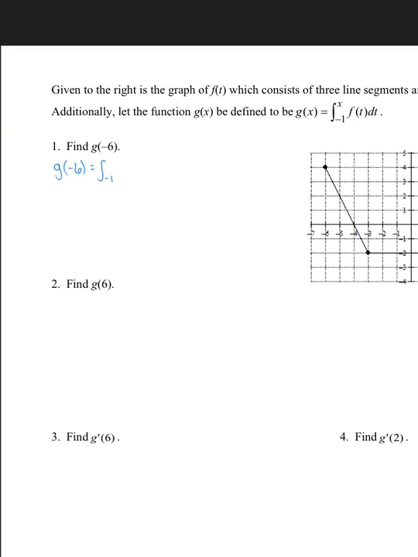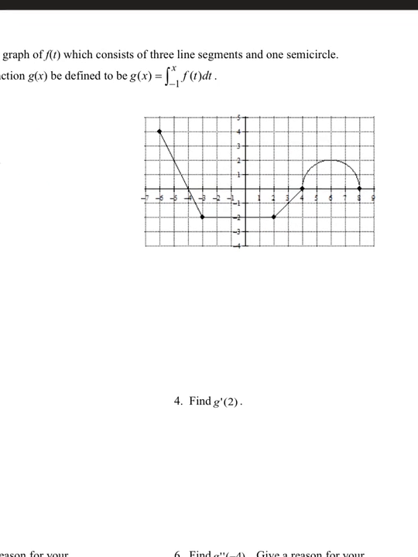So if I want g of negative 6, I'm plugging negative 6 in for x. This should be raising some red flags, because in the integral the smaller number always goes on bottom. So we have to switch it around, and we make it negative. If we find this integral using some geometry, from negative 6 to negative 1, this area right here ends up being 4.